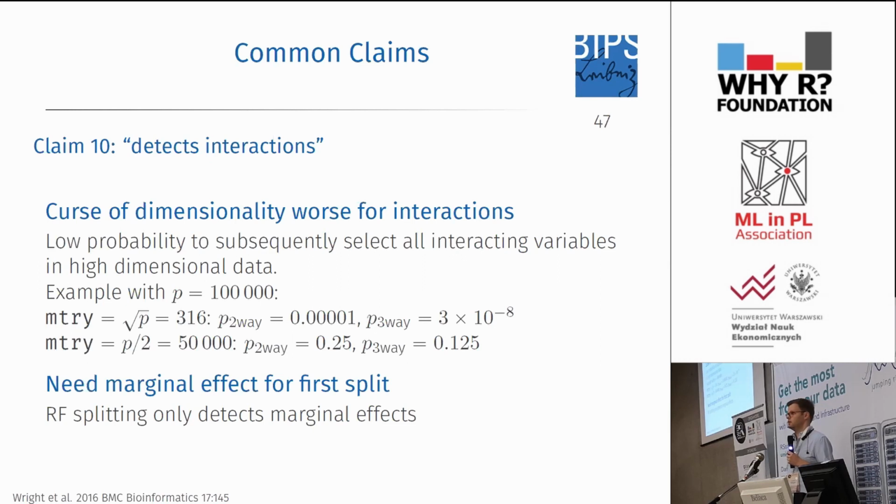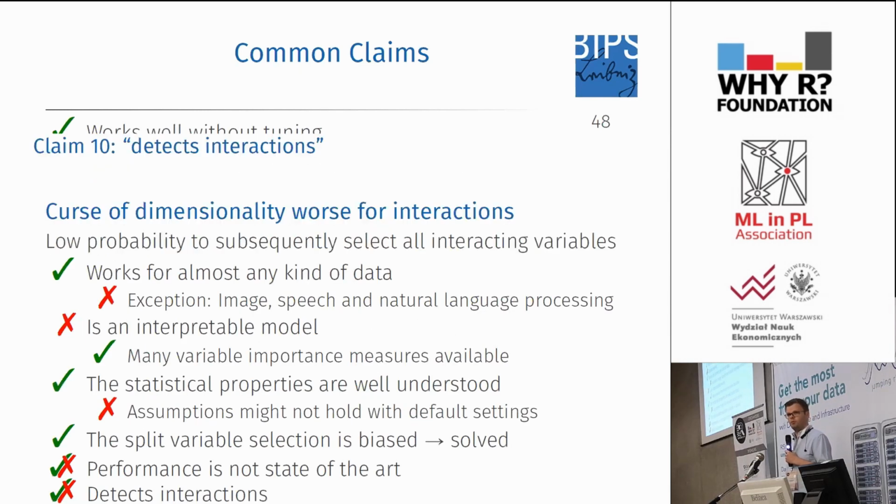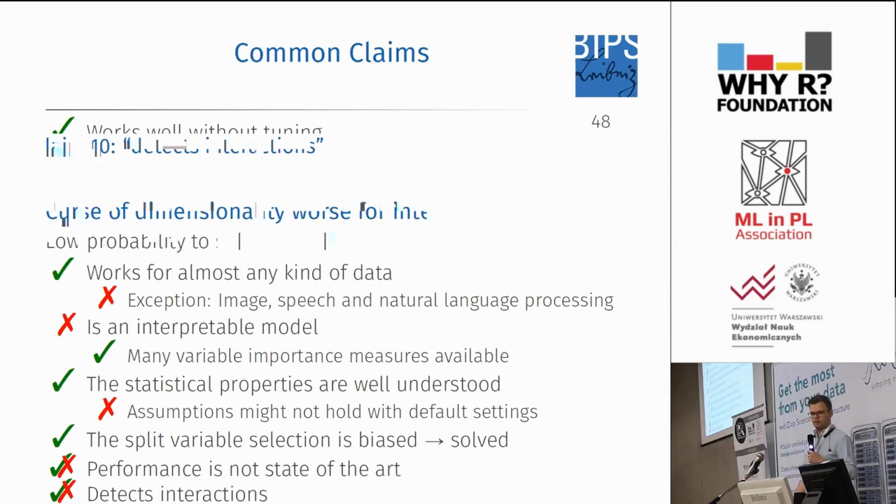With that, you might be lucky that your interaction is taken into account, and it usually works if you have a marginal effect, but if you don't, then it's not working. And detecting is not working at all. So I would give another undecided here, because it takes interactions into account if you have marginal effects, which is, I have to say, the more common scenario. Usually interactions go with marginal effects, but you cannot detect interactions.